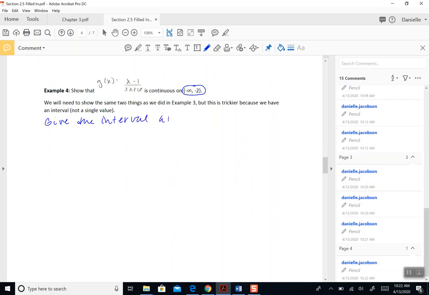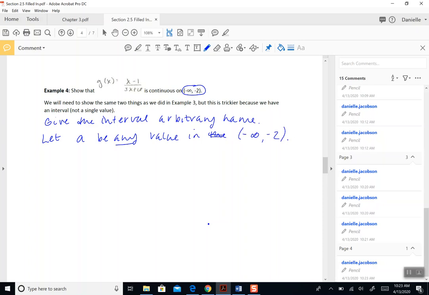Okay, so what I'm going to do is I'll just call it A. Let A be any value in the interval negative infinity to negative 2.